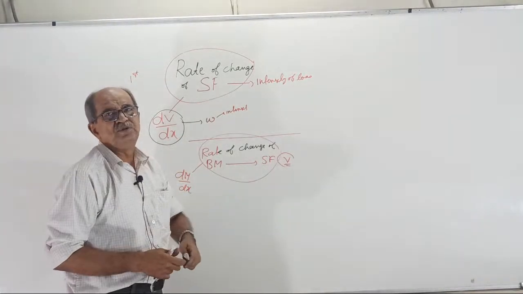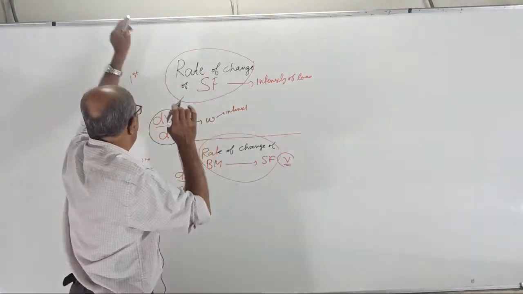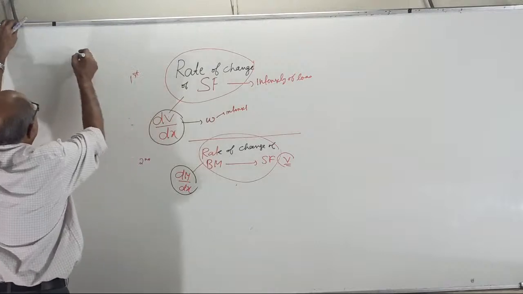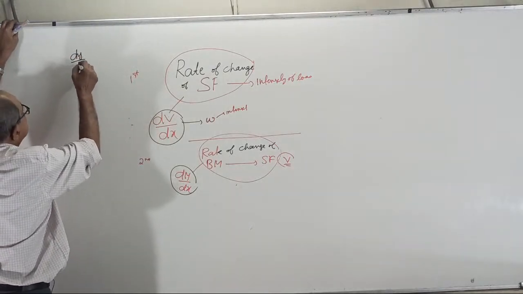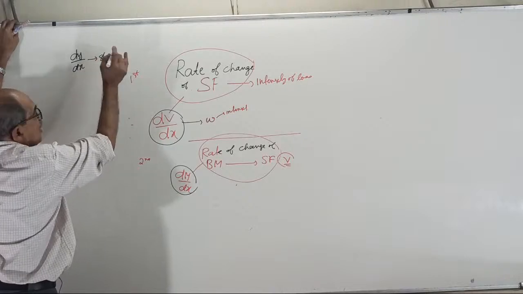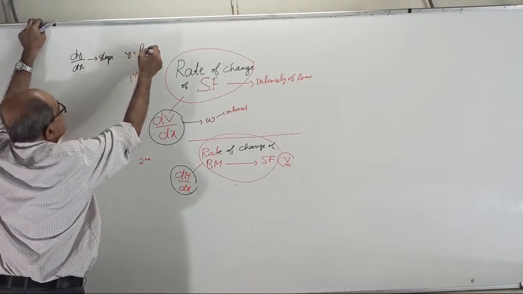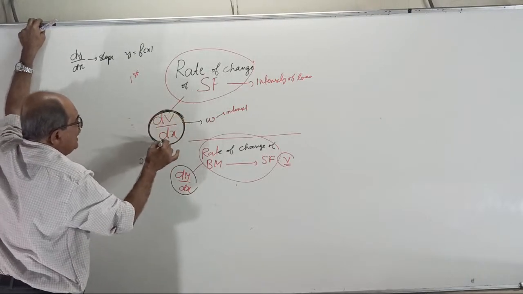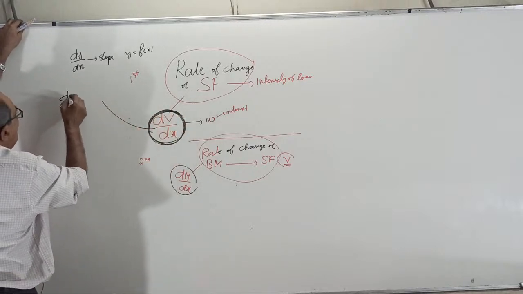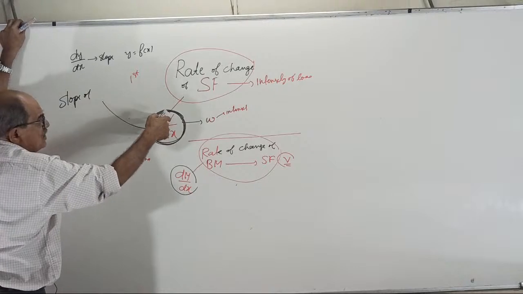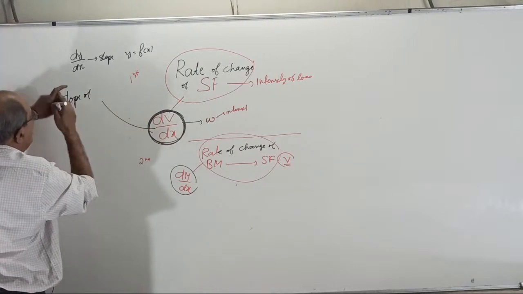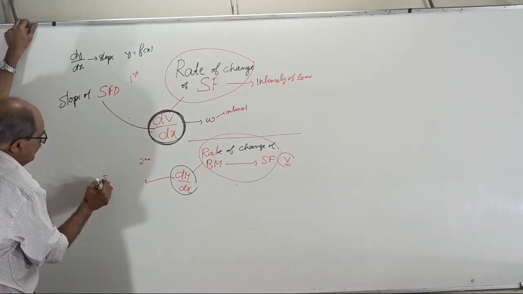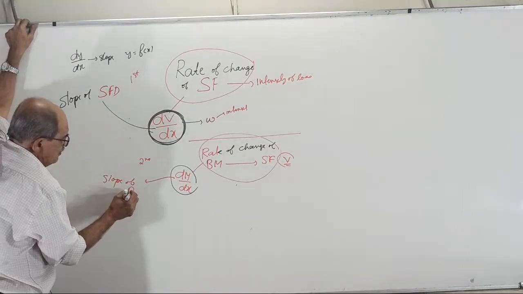And again I told you, last class told 100 times. When you write dV by dx or dM by dx, mathematically dy by dx is slope for the curve y equals f of x. Therefore dV by dx, the rate of change of shear force, is the slope of the shearing force diagram, and dM by dx is the slope of the bending moment diagram.